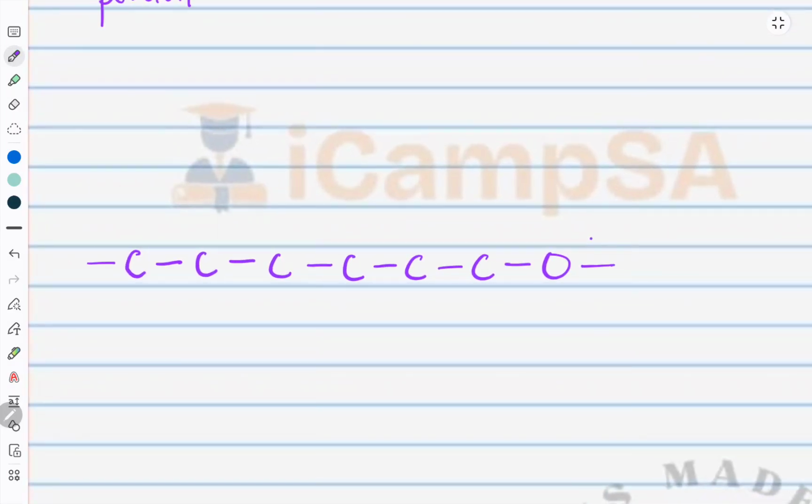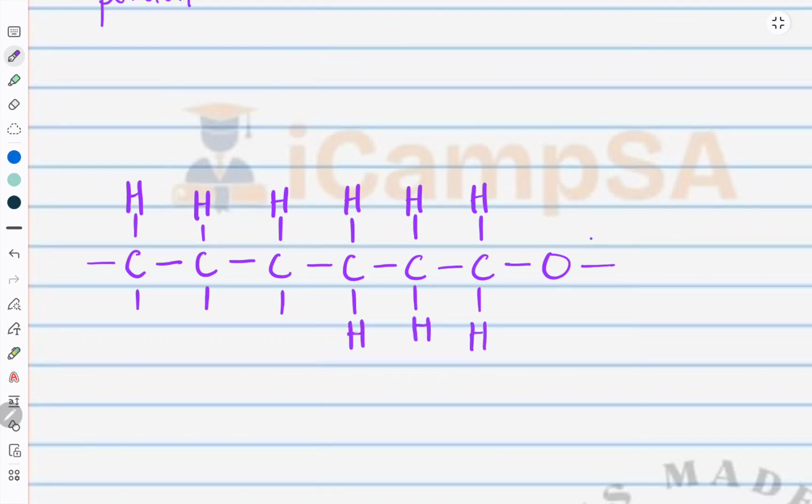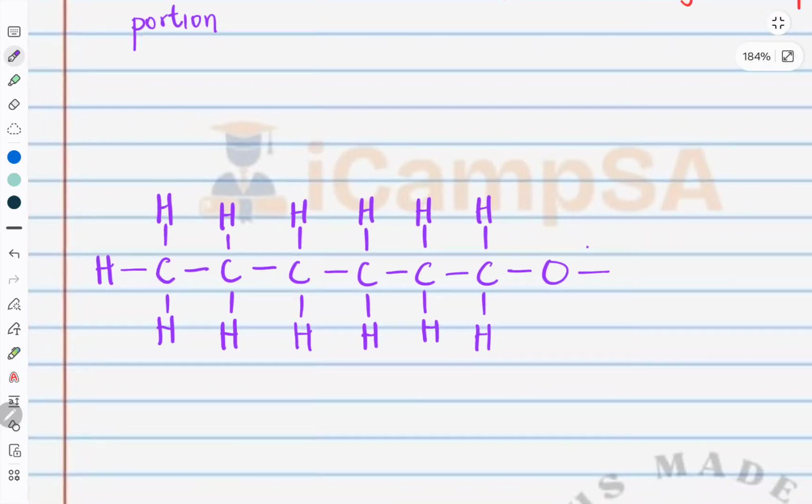And then now let's add our hydrogen atoms. So we have H, right? So hex: 1, 2, 3, 4, 5, 6.